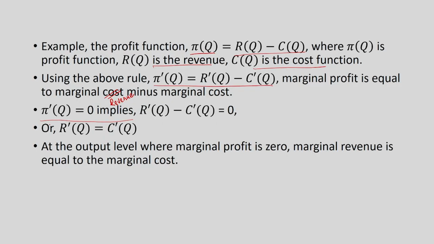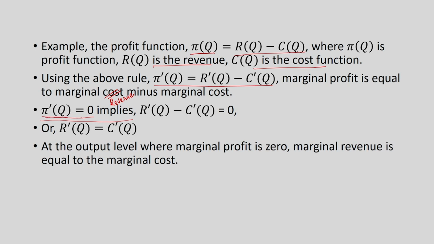At the output level where profit is getting maximized, one can show, we shall see it later on, that the level of output can be found out by setting pi dash q is equal to 0. So, if pi dash q is equal to 0, then the profit is getting maximized at that particular output level.